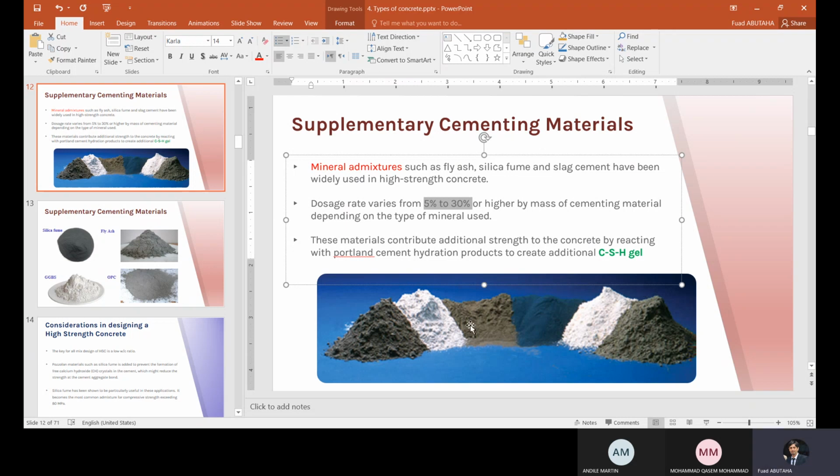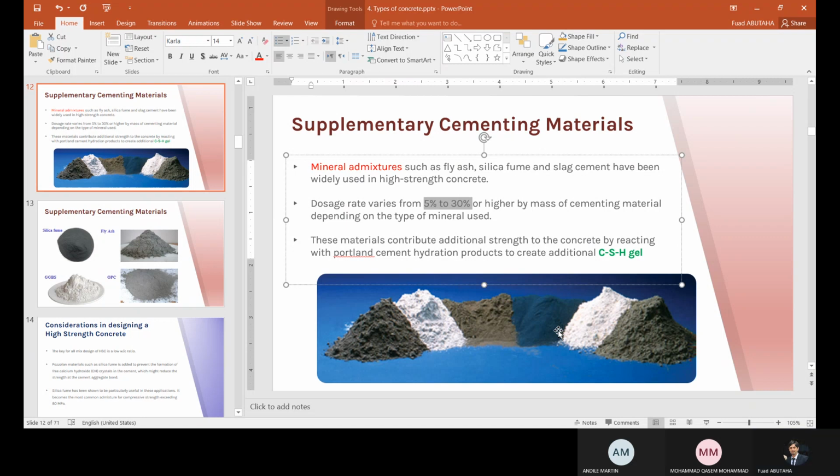For example, fly ash can go up to 30% by replacing, it can replace 10%, 15, 20, 30%, or 35%. Slag can also go up to 40%, 50% of the replacement. For the silica fume, the maximum is 15 or 20%.